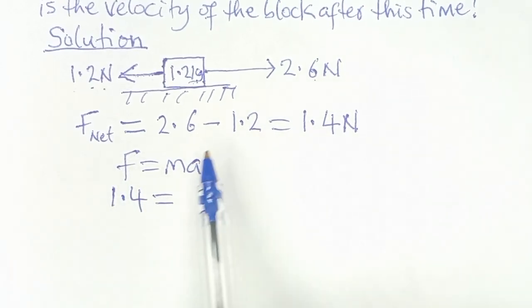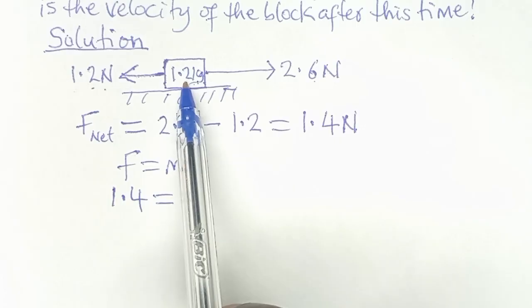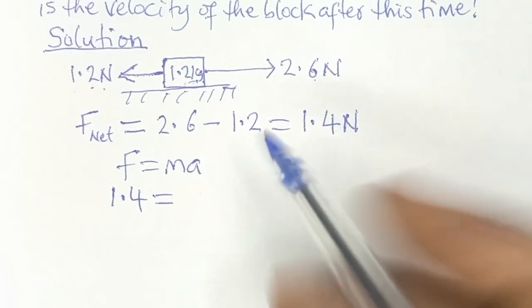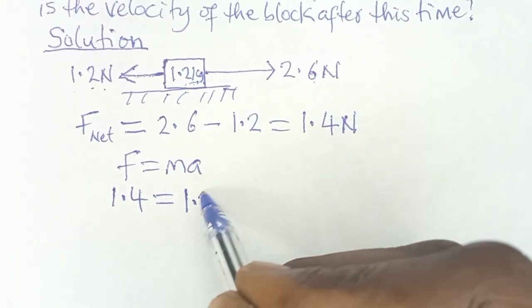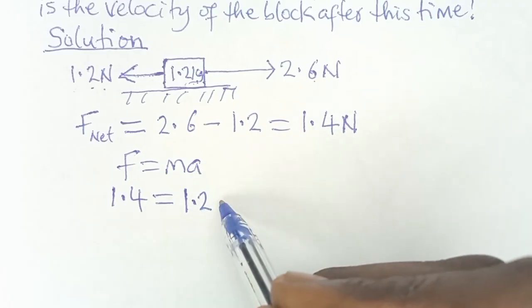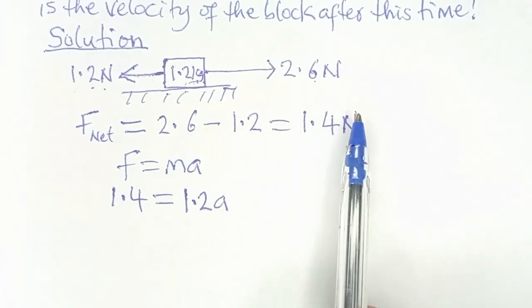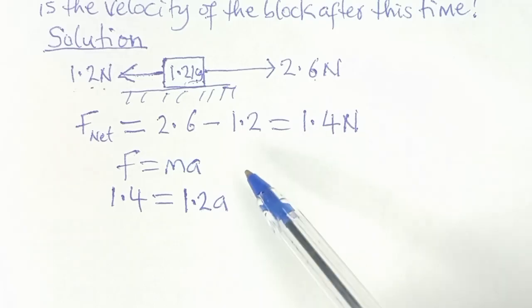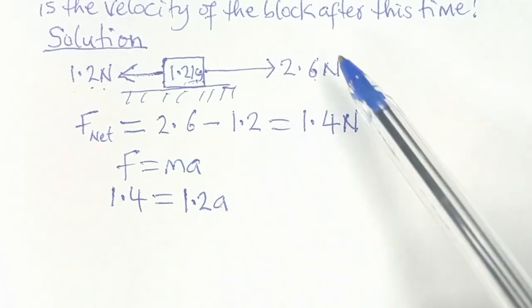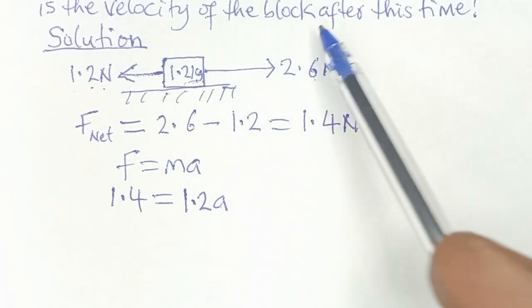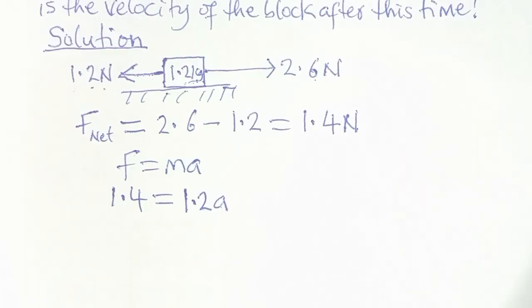And the mass of the block is 1.2 kilogram. So mass is 1.2 multiplied by the acceleration, which is a, with which the block will move. So we need to calculate this acceleration first before we have to calculate the velocity of the block. That's the final velocity of the block.